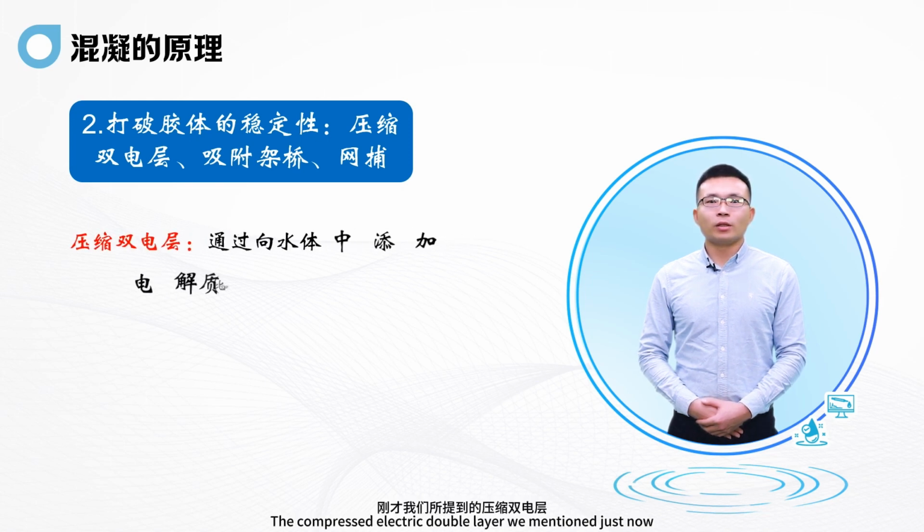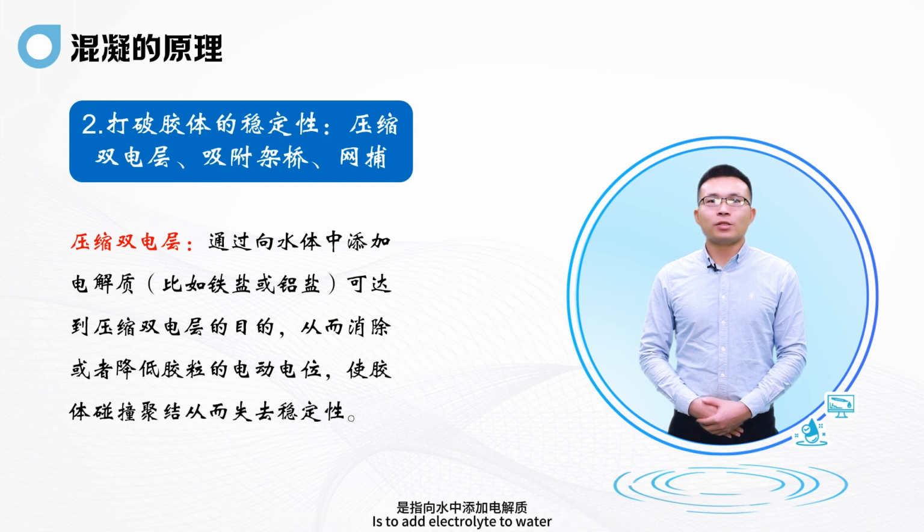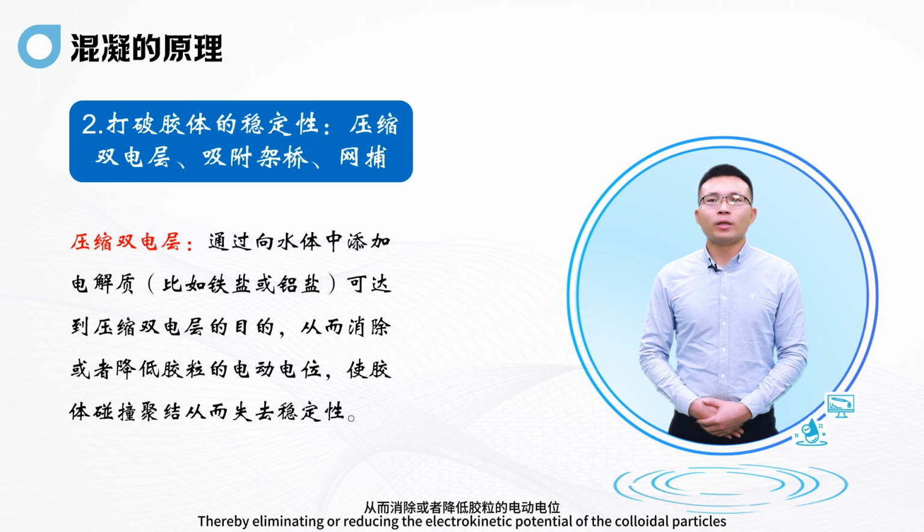The compressed electric double layer we mentioned just now is to add electrolyte to water, for example, iron salts and aluminum salts. The purpose of compressing the electric double layer of colloidal particles can be achieved, thereby eliminating or reducing the electrokinetic potential of the colloidal particles, making colloids collide and coalesce, thus losing stability.